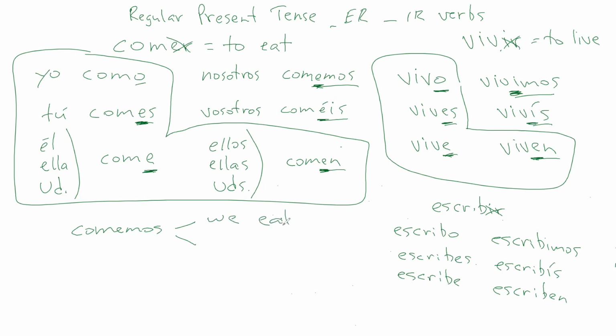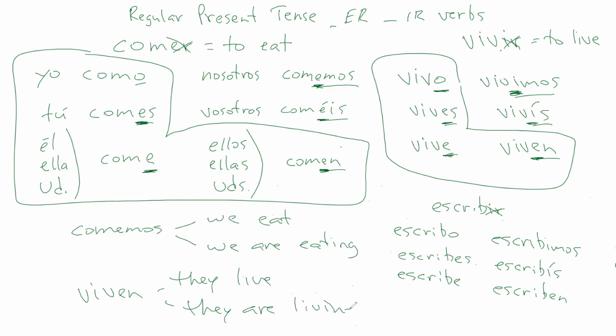We eat or we are eating. It works for both, right? Viven, they live or they are living. Of course, viven could also be the ustedes form, so it could be you all live, or you are living.